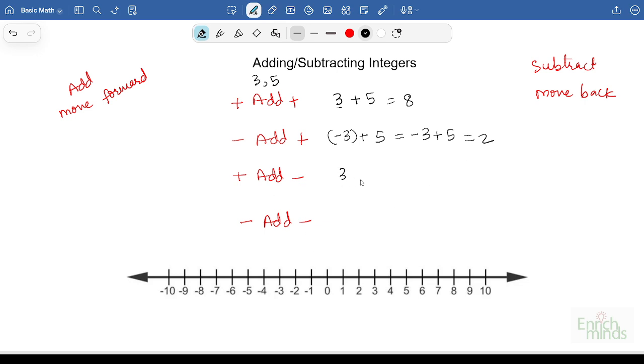We have positive 3 and this is getting added to a negative 5. Now in this case, adding a negative number is equivalent to subtracting a number from another number. Why does this happen?